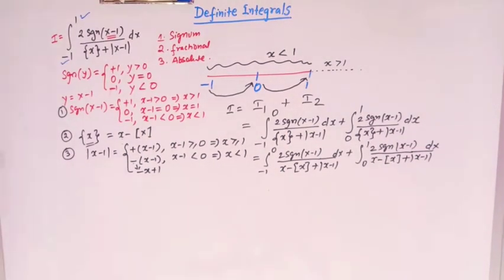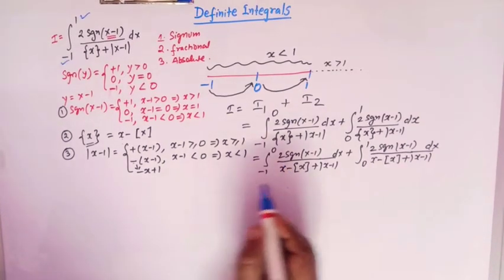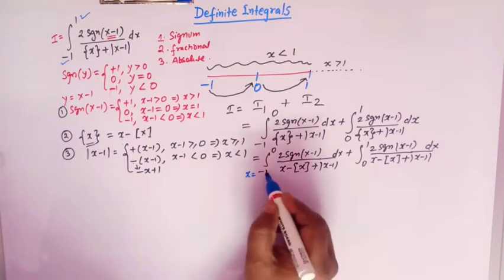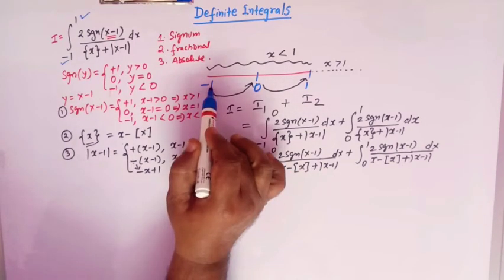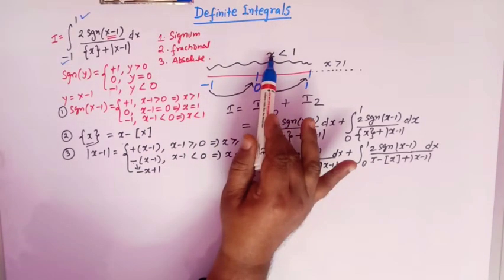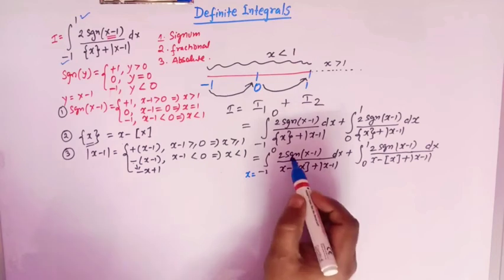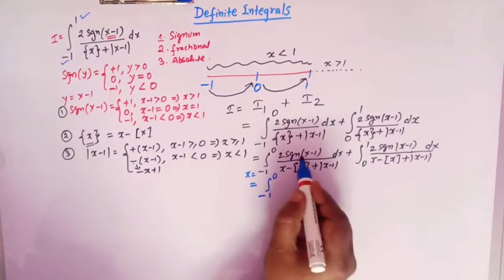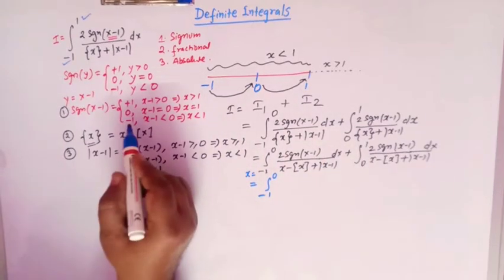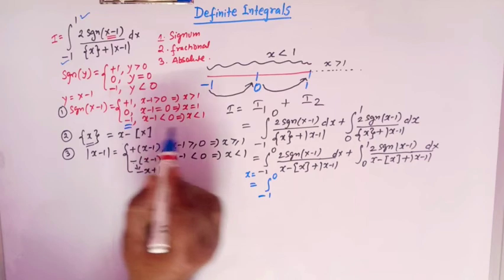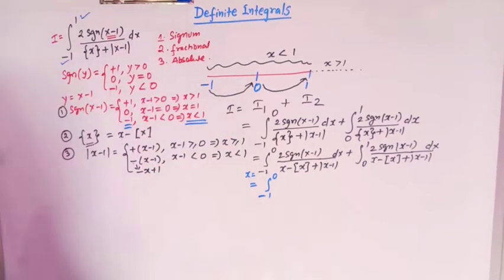Okay, now we see that here when x lies between minus 1 to 0, then obviously all the values of x are less than 1, right? So the value of signum of x minus 1 is obviously equal to minus 1, because x is less than 1.